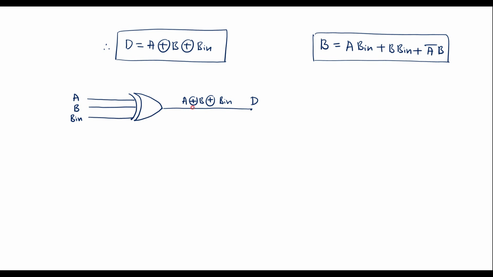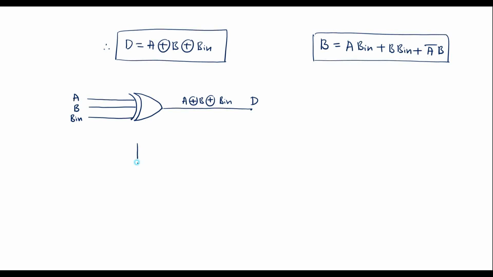Here we can also use two XOR gates, one for A XOR B. The output of that can be used for another XOR gate with B in. So that is also fine. So difference is done. Now we'll take the borrow equation. So here we have A B in, B B in and A bar B. So we need one AND gate for each of these. In total we need 3 AND gates.